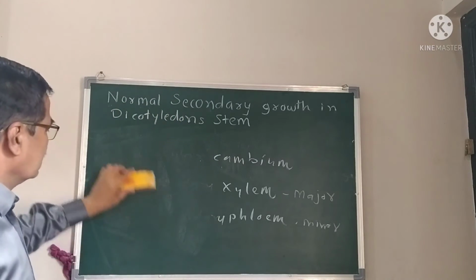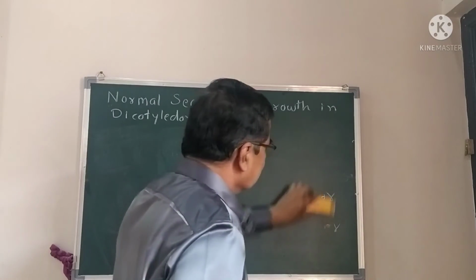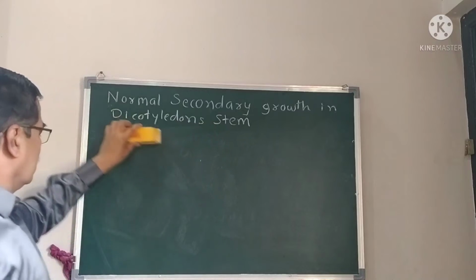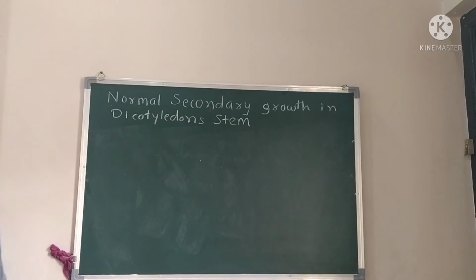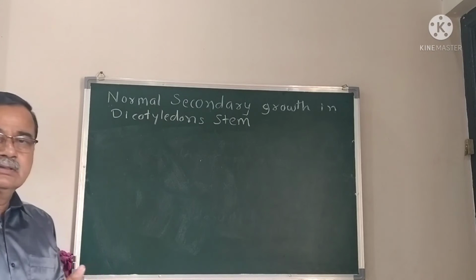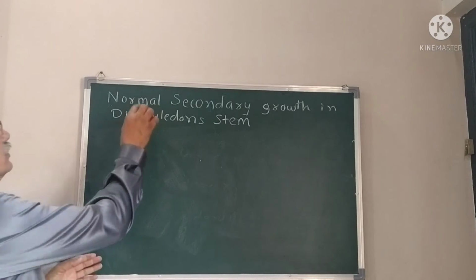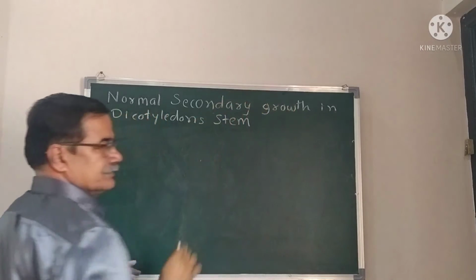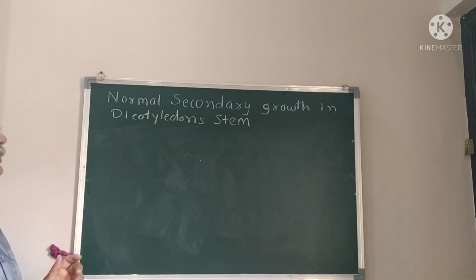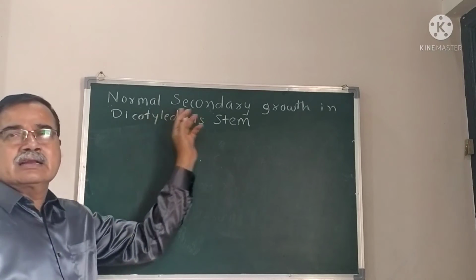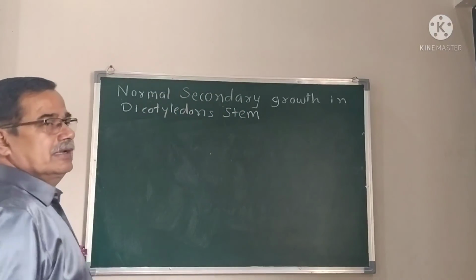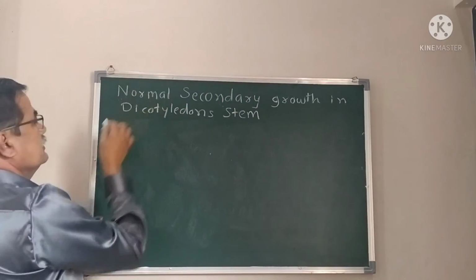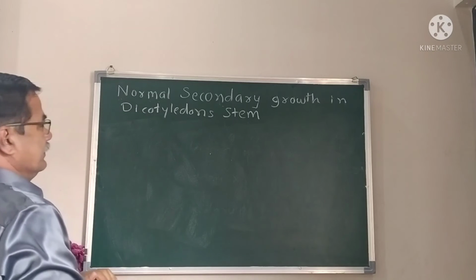Therefore, when the vascular cambium adds new secondary xylem and new secondary phloem to the primary xylem and primary phloem, such growth is a proper growth. Such growth is known as normal secondary growth. This normal secondary growth is in the dicotyledon stem in general.